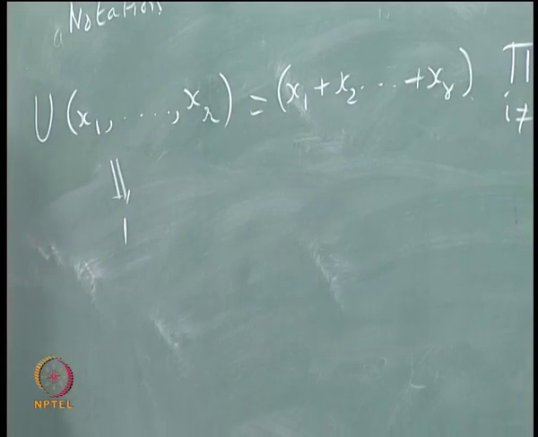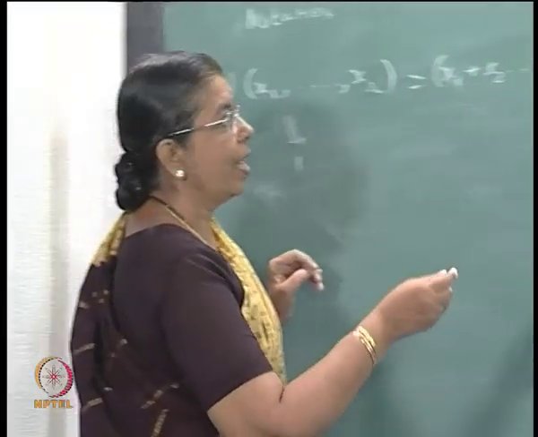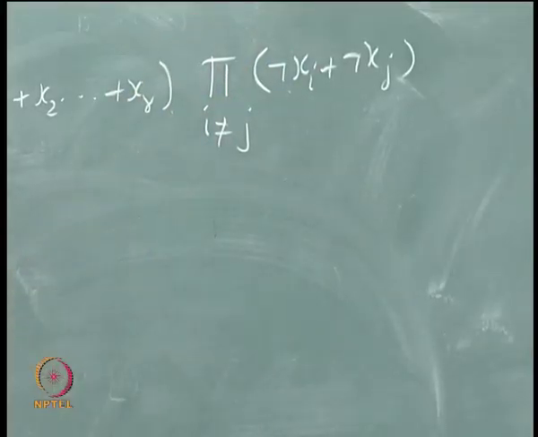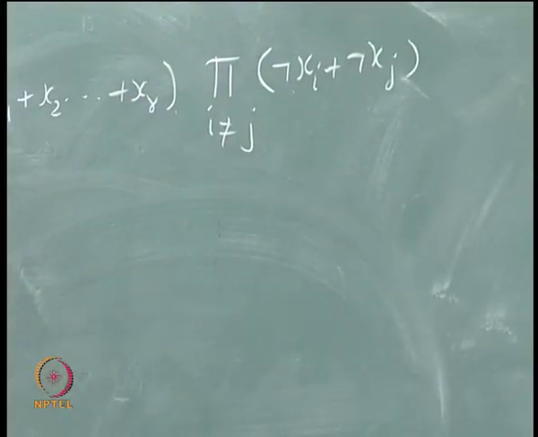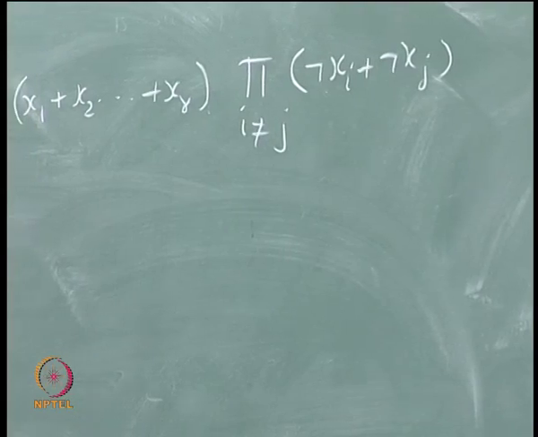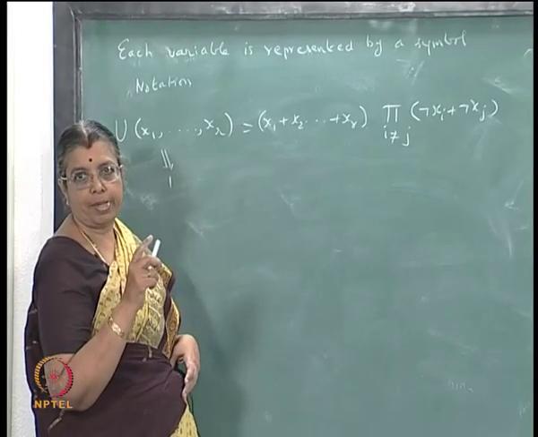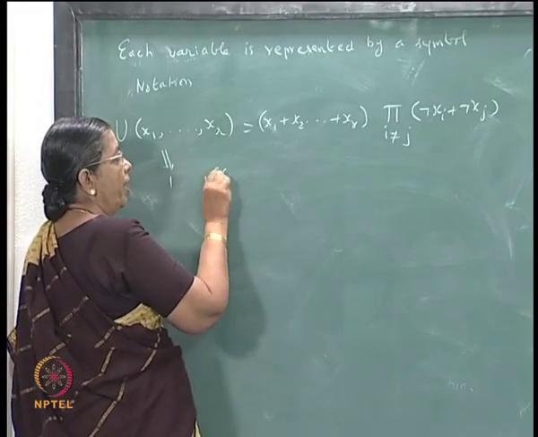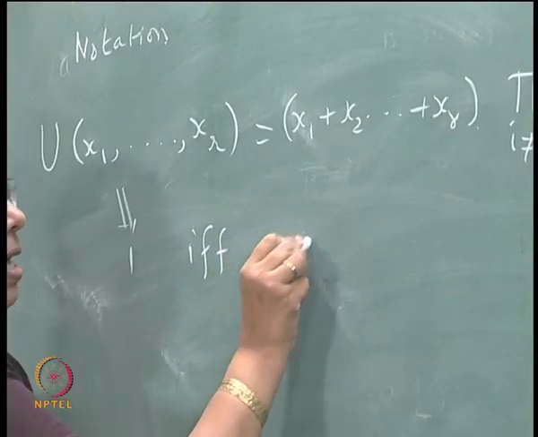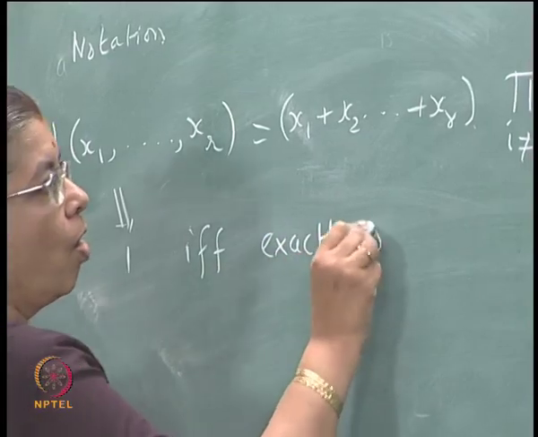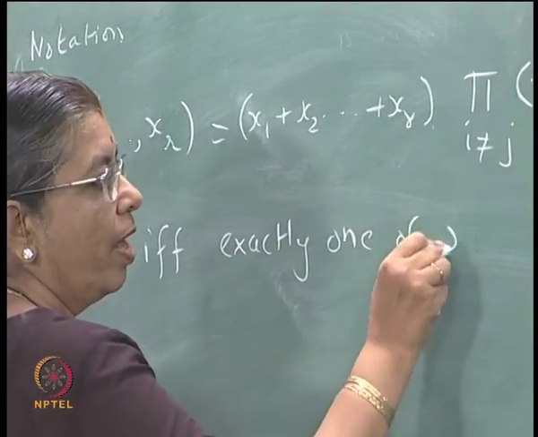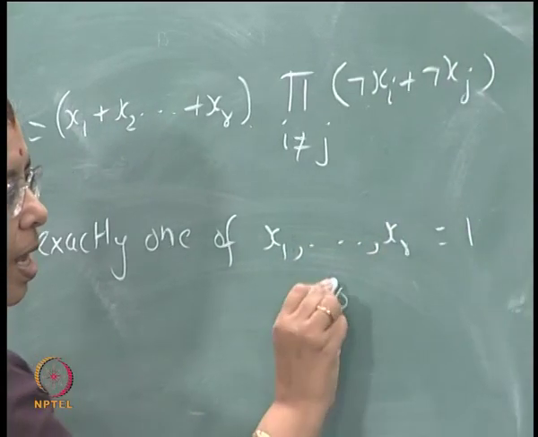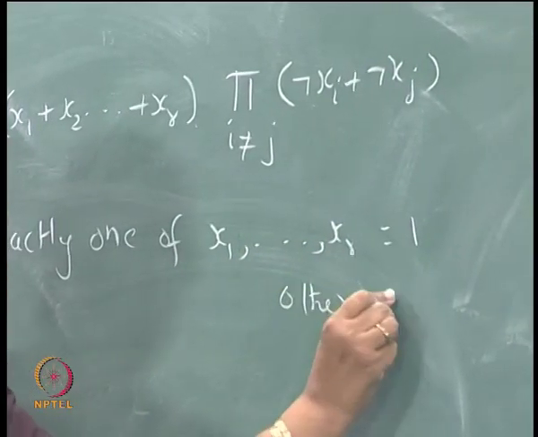If i and j are 1, there will be one factor (not xi plus not xj) that will take the value 0, so the expression will be 0. So, this is equal to 1 if and only if exactly one of x1, x2, ..., xr is equal to 1 and the others are equal to 0.